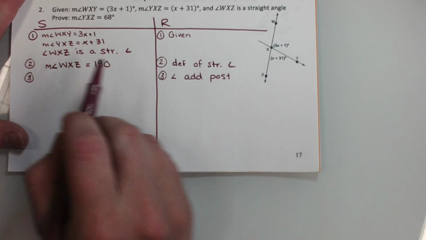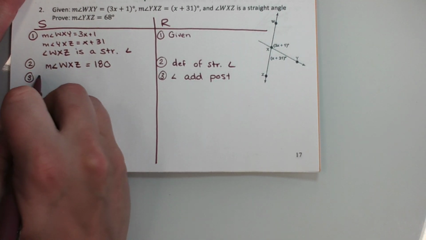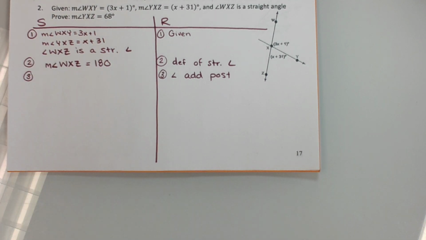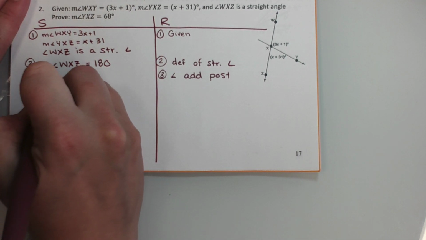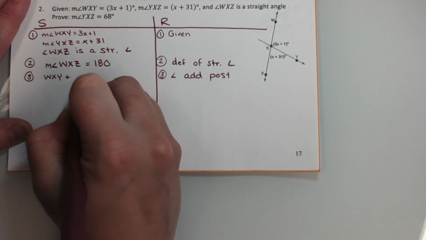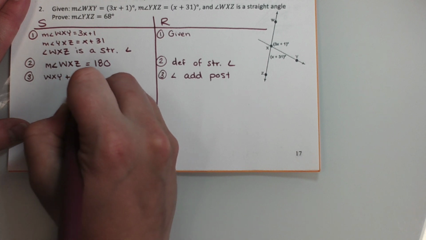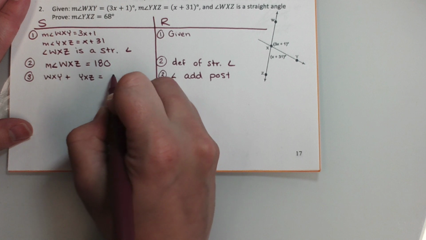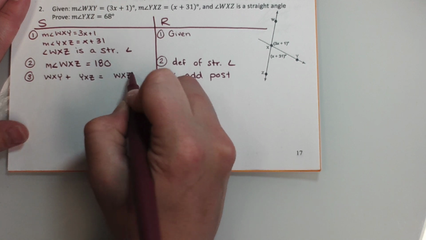Jackson, what would angle addition postulate look like for this picture? Just like that?